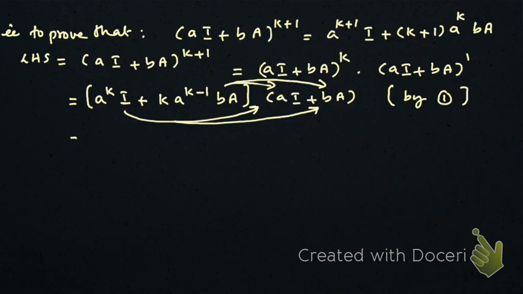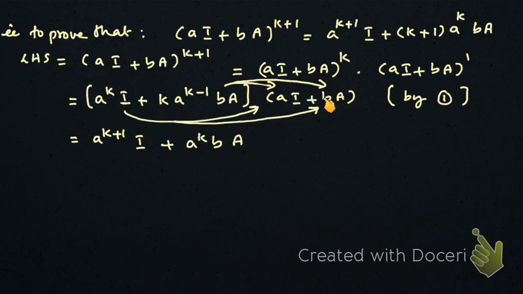So let's start multiplying. It's going to be A raised to k I into aI. A raised to k into a, the numbers I am multiplying first. A raised to k into a raised to 1 is going to be a raised to k+1. And then I into I. I is an identity matrix, and identity matrix into any other matrix should give me the same matrix, so I into I should give me I. Now again, A raised to k I goes with the second term.